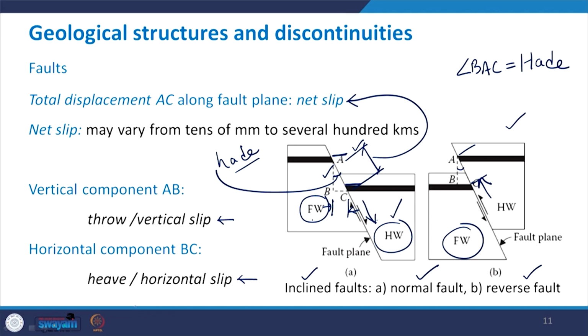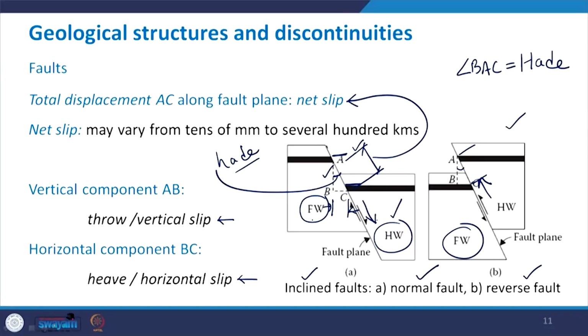Once again, what are the elements of the fault? Fault plane, net slip which is AC, throw which is the vertical component of the net slip, heave which is the horizontal component of the net slip, and this angle BAC which is head. These form the elements of the faults.